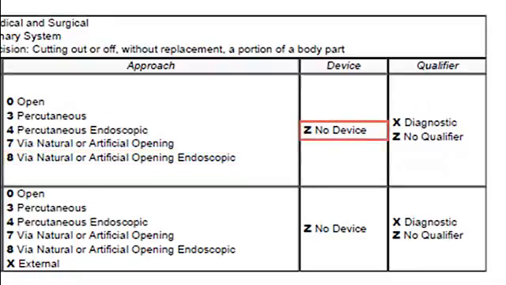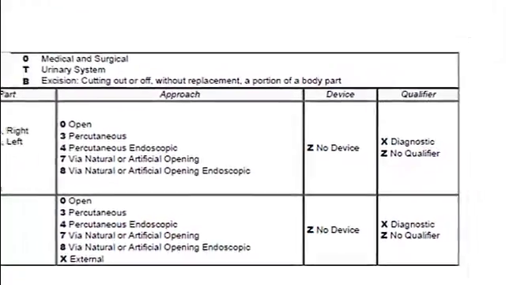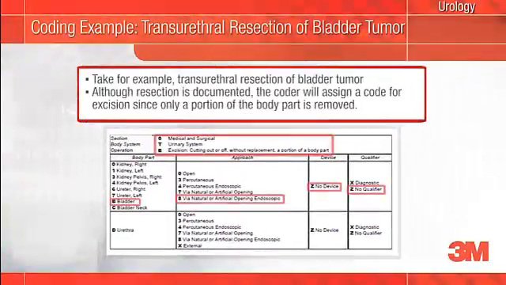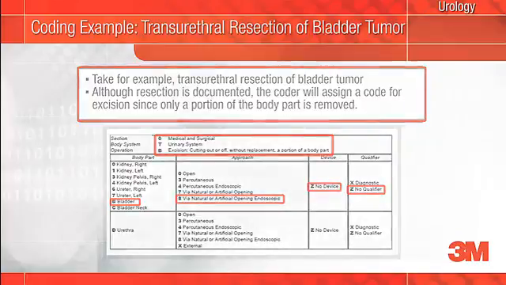No device indicates a device was not left in the body, as would be the case for a urethral stent. Finally, without a statement by you of biopsy or indication the procedure was performed for diagnostic purposes, the coder will select Z, no qualifier. The resulting code generated by the coder based on your documentation is 0TBB8ZZ.